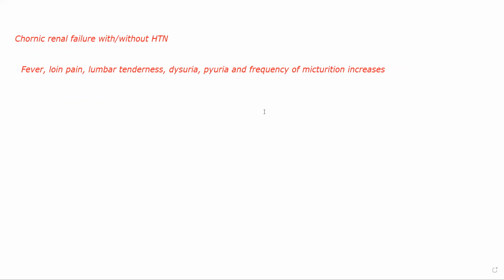There is another, third type of pyelonephritis that occurs in certain patients, which is called tuberculous pyelonephritis. So, other than acute and chronic, some patients might have tuberculous pyelonephritis. Now, this is a complication of tuberculosis.